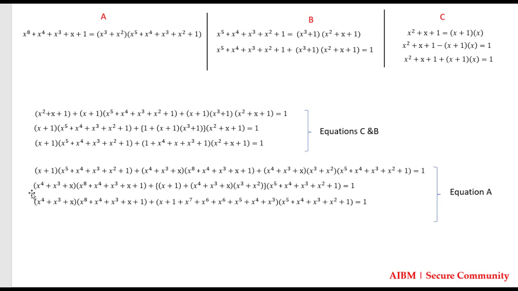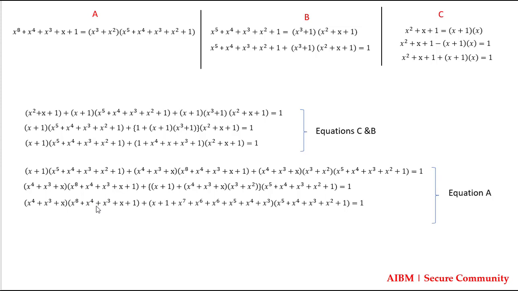Then do simple reducing for these equations, and the result will be (x^4 plus x^3 plus x) multiply with (x^8 plus x^4 plus x^3 plus x plus 1), plus x plus 1 plus x^7 plus x^6 plus x^6 plus x^5 plus x^4 plus x^3, multiply with (x^5 plus x^4 plus x^3 plus x^2 plus 1) equal 1. So this is the big equation.